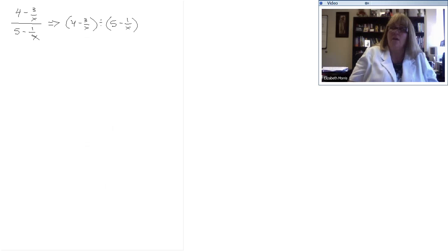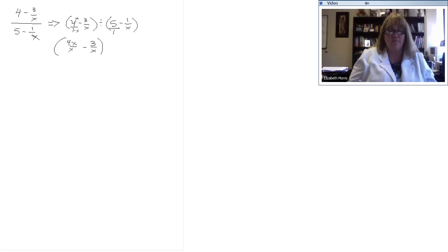Okay? Now, I can't flip anything until I get a common denominator and put them together. So what is the common denominator for this first bunch? Would be x. I have to multiply this by x to get the same, so I do to the bottom what I do to the top. That one doesn't change. So now the denominators are the same, and I have 4x minus 3.